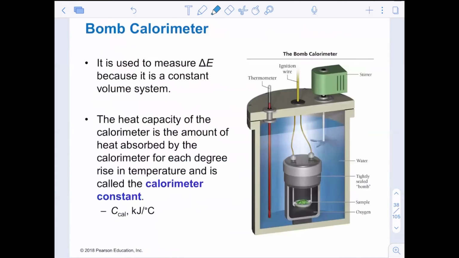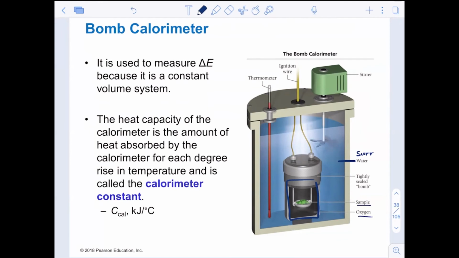This is a bomb calorimeter. To measure delta E, because of constant volume system, we have to use a rigid solid container inside of a closed system. So right here is the water. This is what we are calling the surroundings. Tightly sealed inside of that is the reaction flask. This is what we call the bomb, but inside of it is just a sample and oxygen.